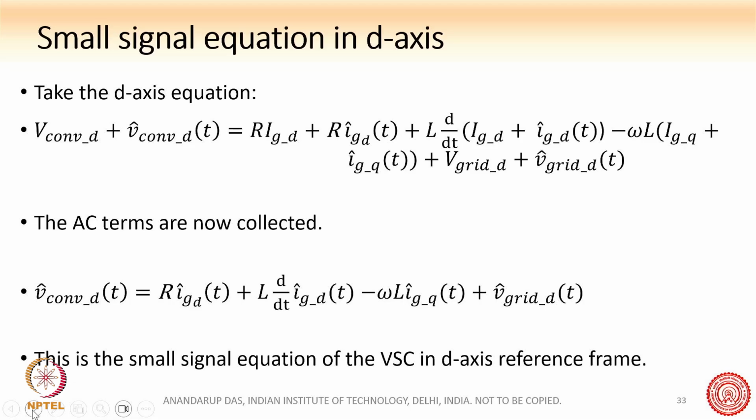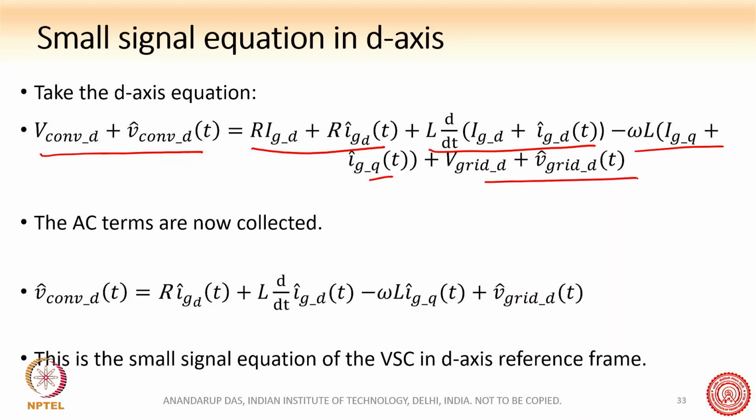If I put it back, the converter voltage is now written like this, the Ri drop is written like this, L di/dt is written like this, omega L is written like this, and Vgrid is written like this. Now when we are trying to develop the small signal equation, we will only take the AC terms, the hat terms.